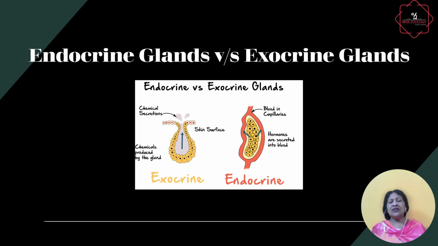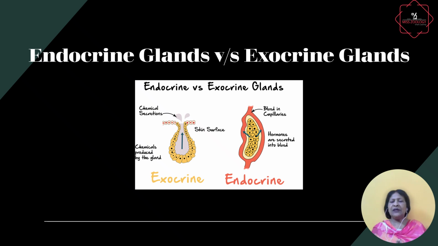We come across such questions, then we start writing in the tabulated form. So the first compatible point on which we will begin differentiating is the presence or absence of ducts. The endocrine glands are ductless glands. This will be enough as a point.